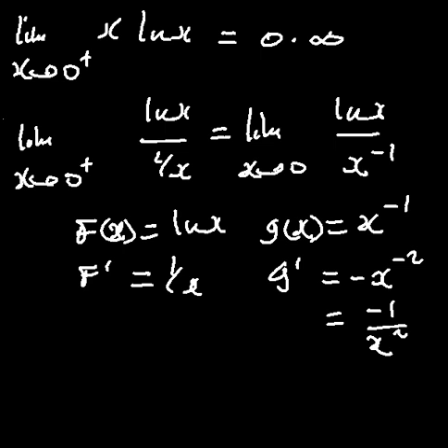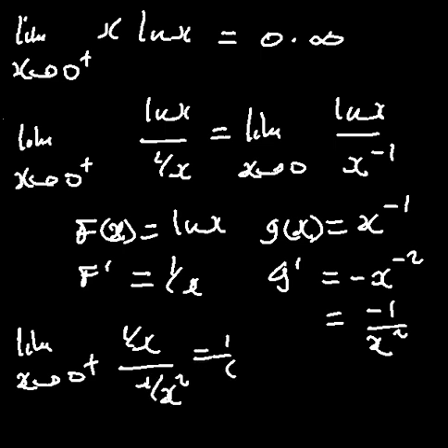Now, using L'Hopital's rule, we have the limit as x approaches 0 from the right of f prime of x, that is 1 over x, divided by g prime of x, that is negative 1 over x squared.